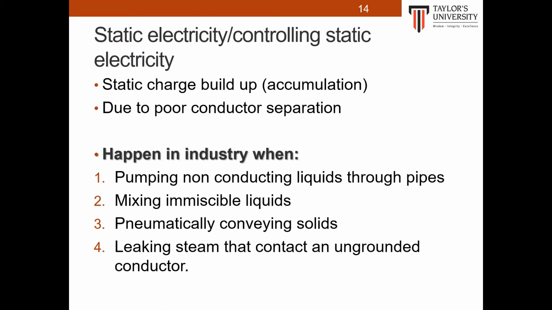A common ignition source within chemical plants is sparks resulting from static charge build-up and a sudden discharge. Static electricity is perhaps one of the most elusive of ignition sources. Despite considerable efforts, serious explosions and fires caused by static ignitions continue to plague the chemical process industry.